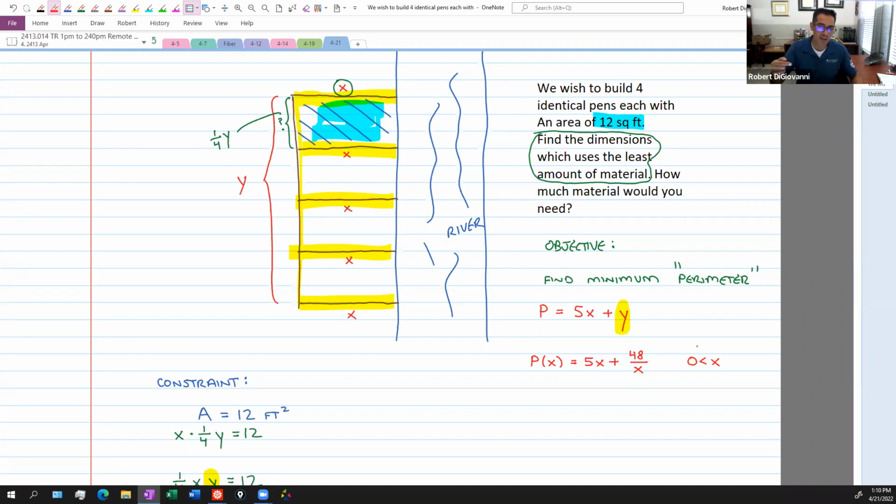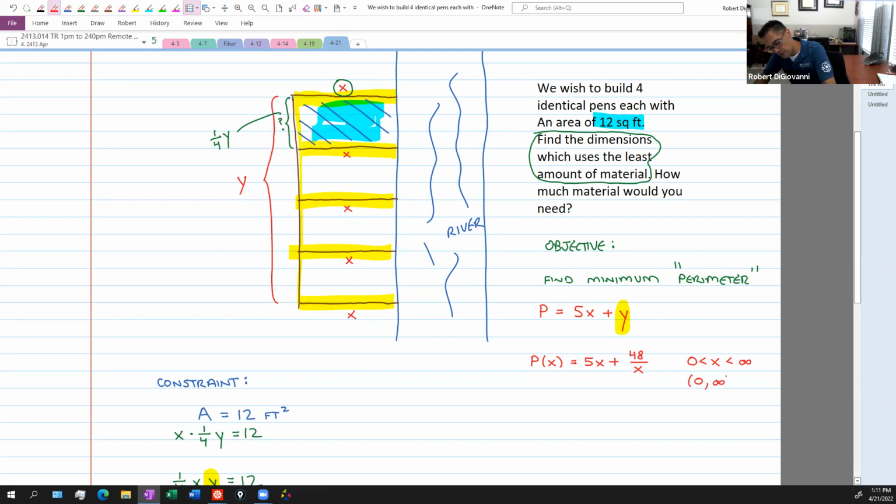We did a problem last time where we were trying to do a rectangle and we had a fixed perimeter. When you have a fixed perimeter, then you can't let one of them become infinite. But if your area is fixed, then you can change the dimensions so that it's really long and really, really narrow. So this is going to be between 0 and infinity.